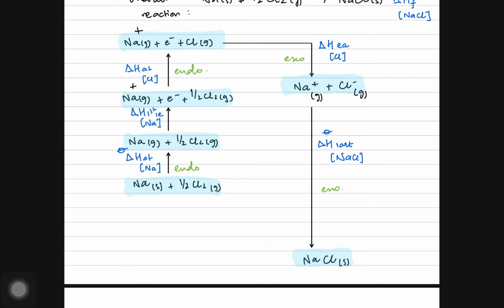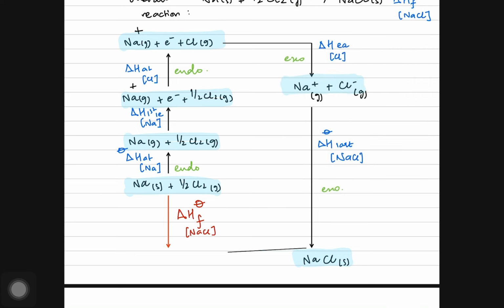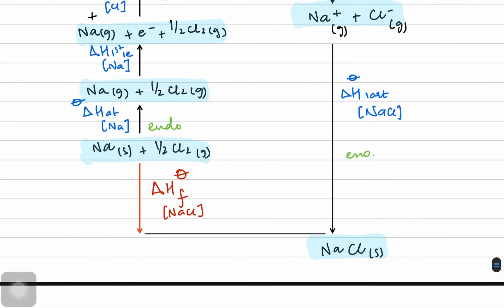Why is that the case? Because there is a net change, and that is equal to the enthalpy of formation for sodium chloride. So this way, if I put a line over here, you should be able to see that enthalpy of formation is the net step.